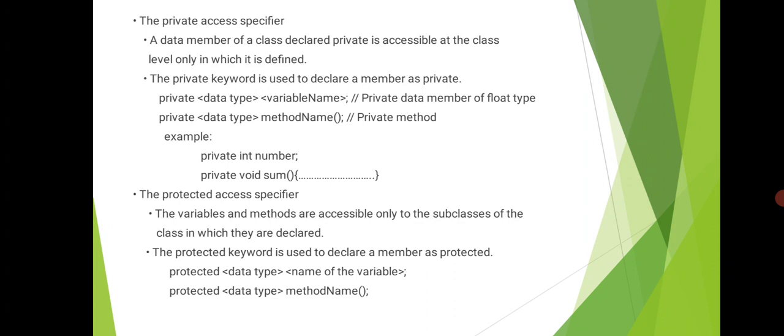These protected data can be accessible for subclasses in the same class, in the same package, and outside the package it can be accessed only in the subclasses of the other packages.